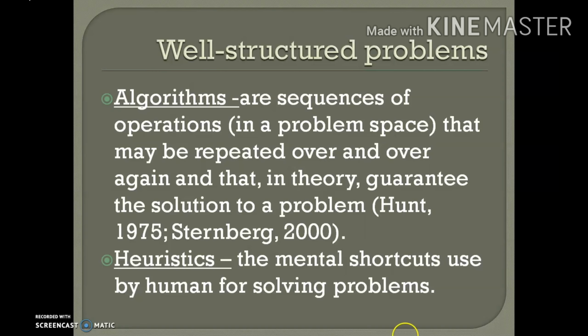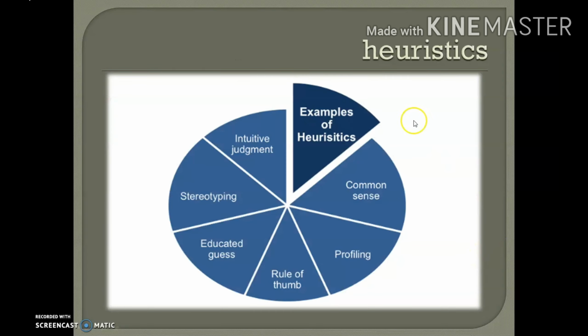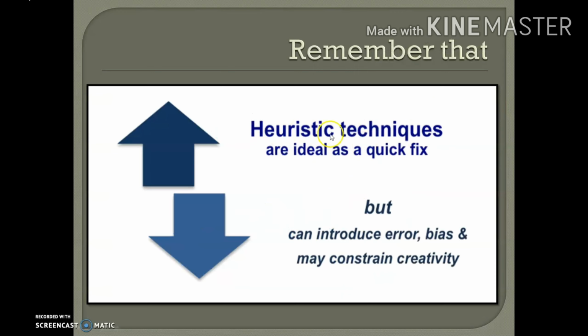So, kumbaga, to solve problems instantly, we just refer to our common sense or knowledge without even proper validation, and sometimes it is tumpak and sometimes it is not. So heuristics, yeah? Examples of heuristics are intuitive judgment, stereotyping, educated guess, rule of thumb, profiling, and common sense. Remember that heuristic techniques are ideal as a quick fix, but can introduce error, bias, and may constrain creativity.